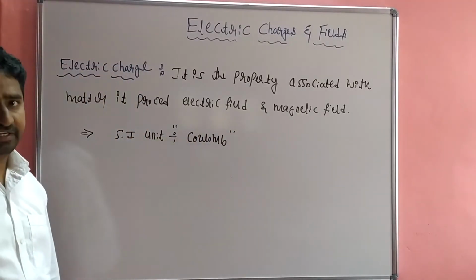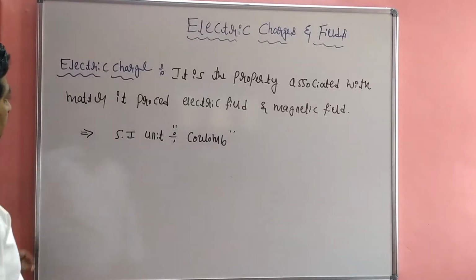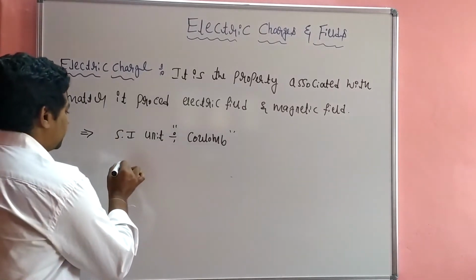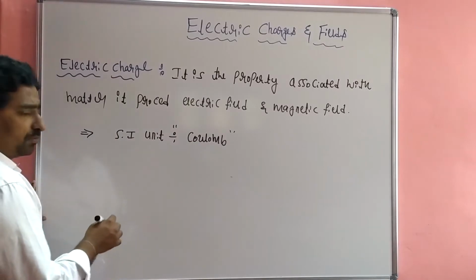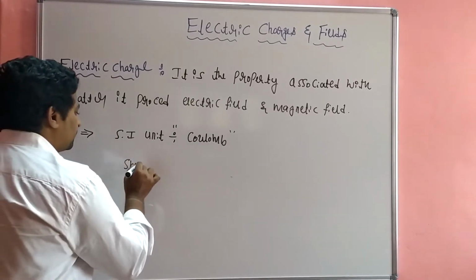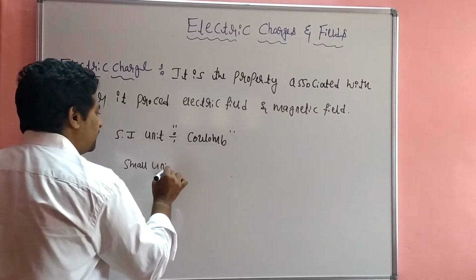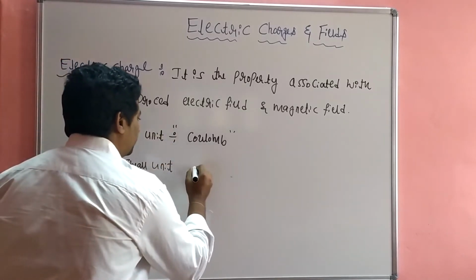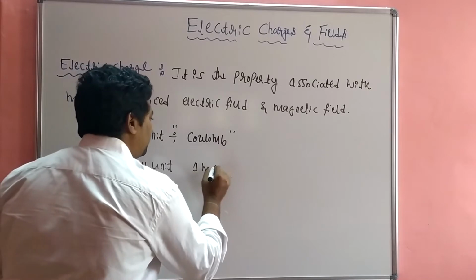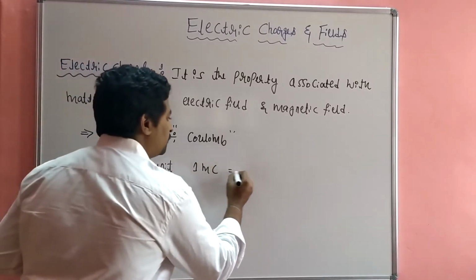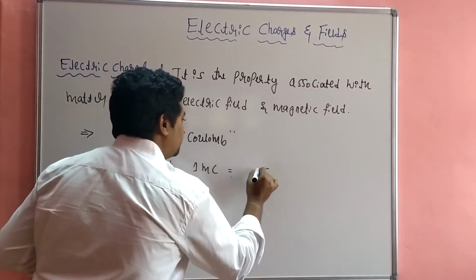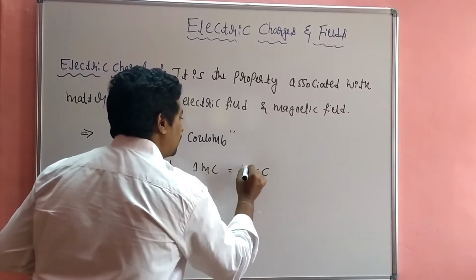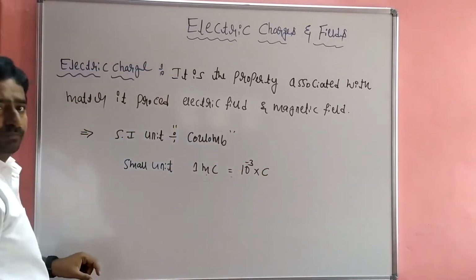Also many smaller units are there, with conversions. First is the millicoulomb. How to convert into coulomb? Milli means 10 to the power of minus 3.